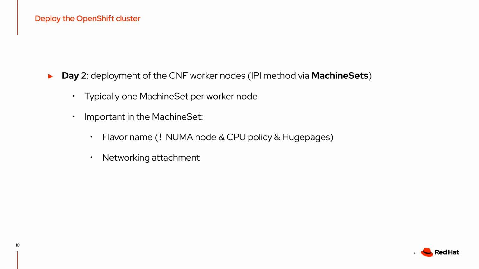In the machine set, we also configure the network attachment. The network attachment defines the networks and the ports that will be plugged in on the worker nodes. The networks are typically provider networks for connecting on the DPDK, SRIOV, or OVS hardware offload kind of networks.